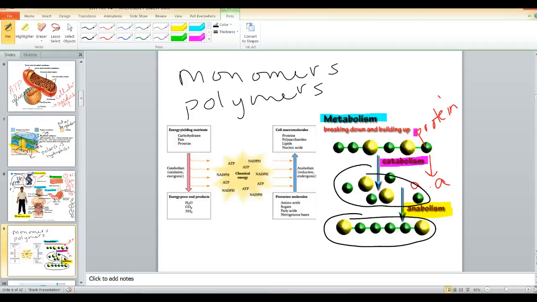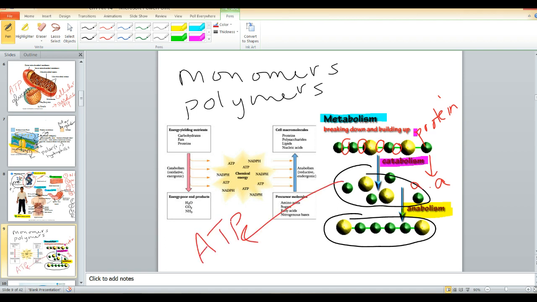Now, when we break down and we build up, this all has to do with energy in our body. So what we're looking here is we have all of these bonds occurring between each monomer. When these bonds are broken, what we're releasing is your body's energy.